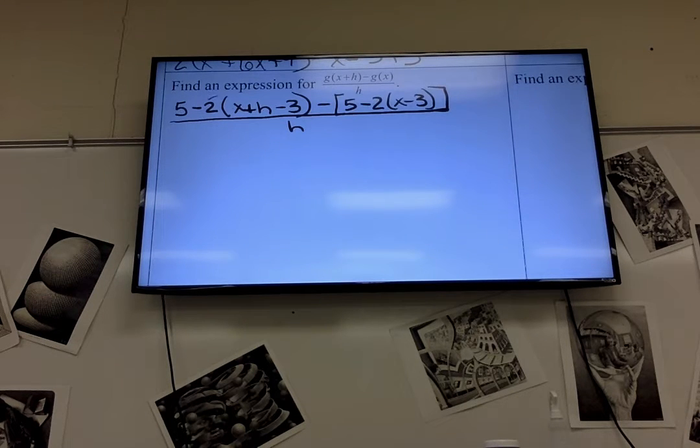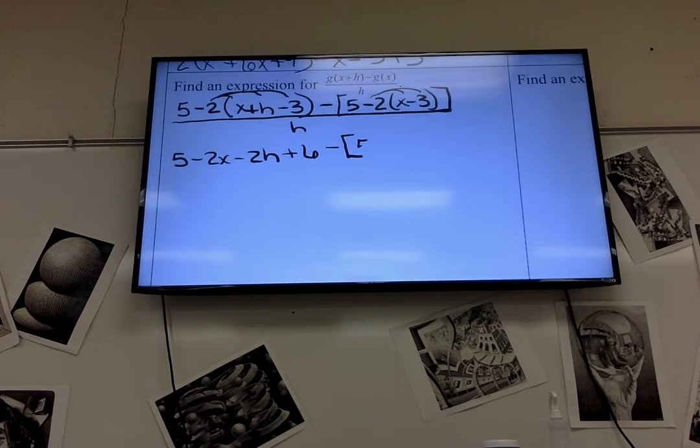Okay, so I'm going to distribute the negative 2 and this negative 2. So I have 5 minus 2x minus 2h plus 6. Then minus 5 minus 2x plus 6, all over h.